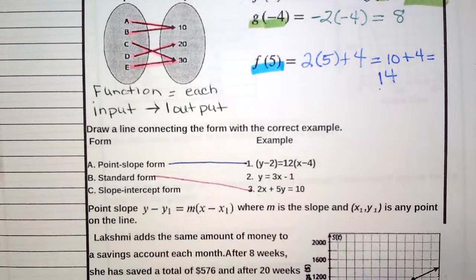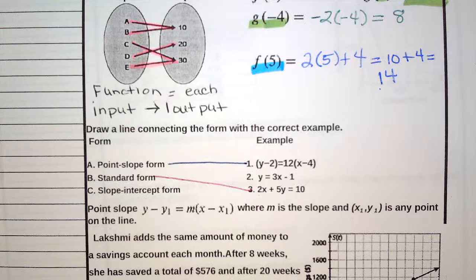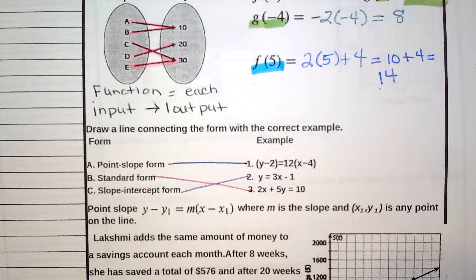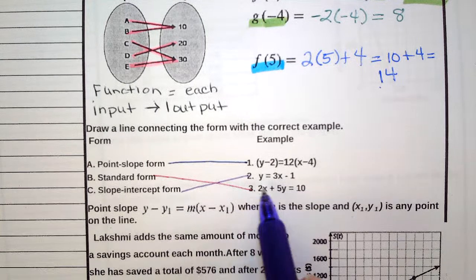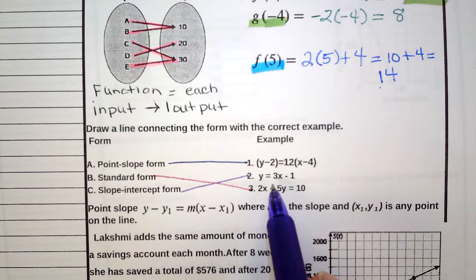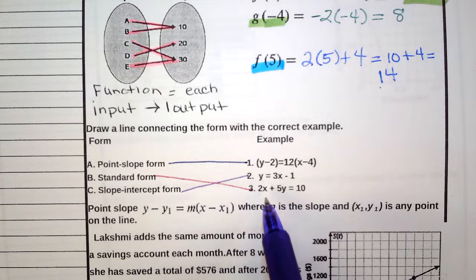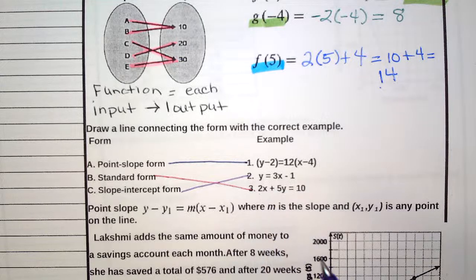So that's number 3. And finally, that leaves us with our slope-intercept form, y equals mx plus b. So we've worked with the slope-intercept form, we've graphed with it, we've looked at the point-slope form, we haven't done a lot with it, and we haven't done a lot with the standard form.